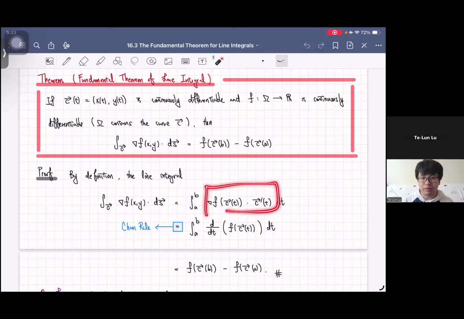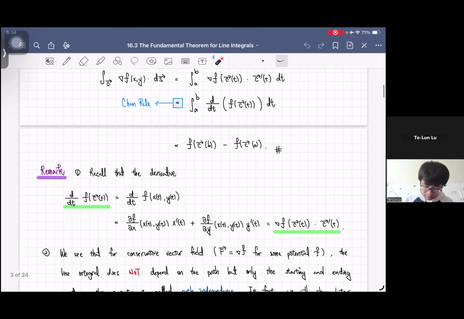However, by chain rule, you can review this in, I think, section 14.4, something like that, this guy is simply this guy, right? The differentiation with respect to t of f(x(t), y(t)) is actually the gradient of f taking the dot product together with C'(t).